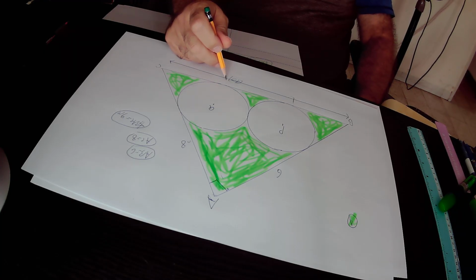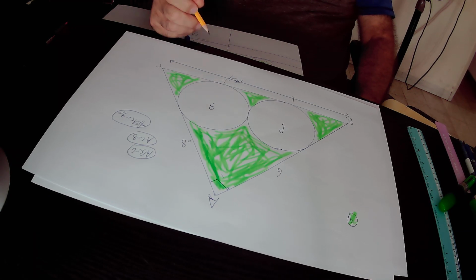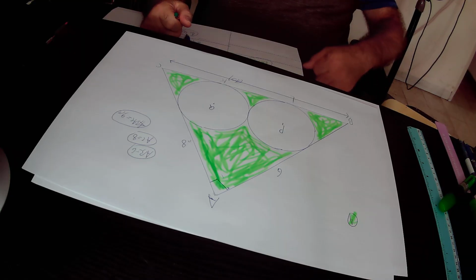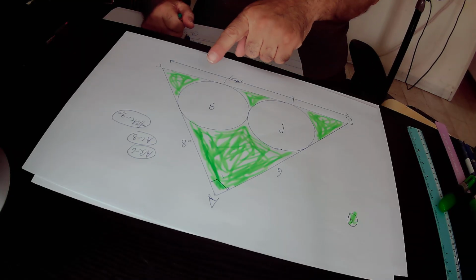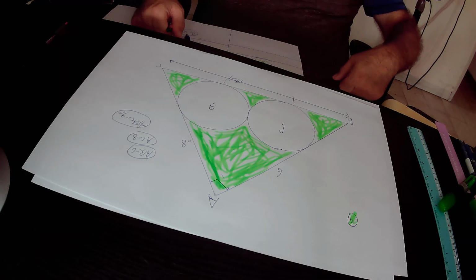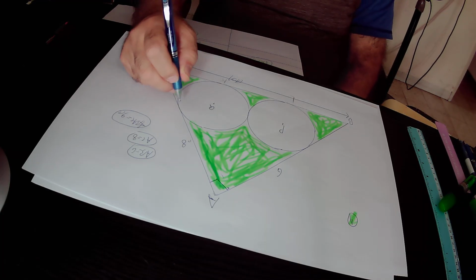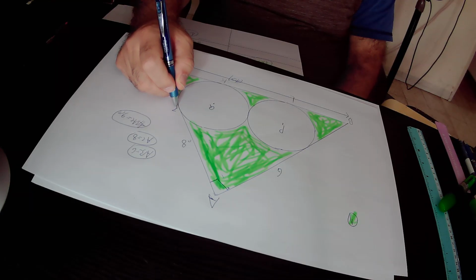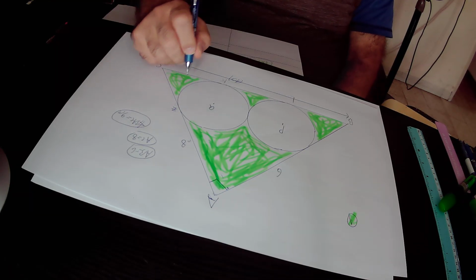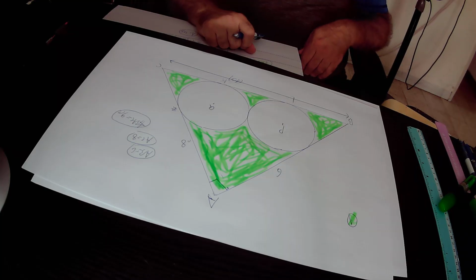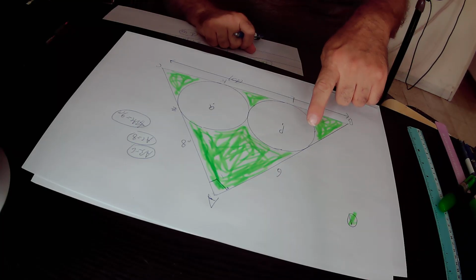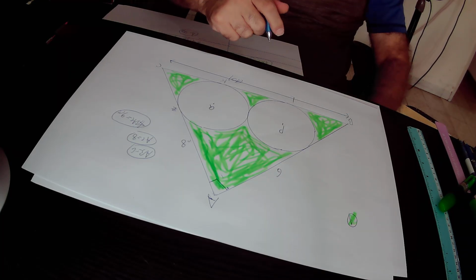This point is point K. We find the point of tangency of tangent AC with this circle. This point is point Z. And we find the point of tangency of tangent AB with this circle. This point is point H.